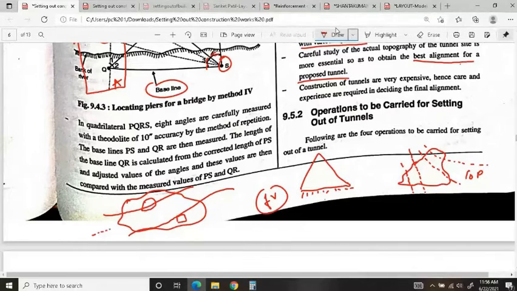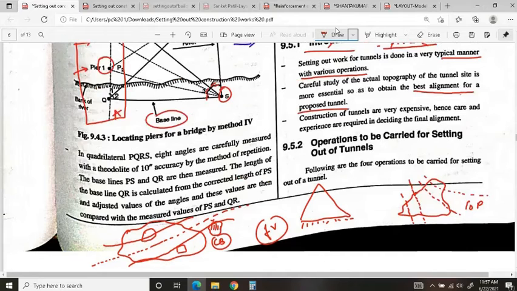Then I will choose the best center line or best alignment for the construction of the road. Say that somewhere here there is an important place, a central business area. So we have to take that road towards this point because most of the people will be using the road. So we have to take the road near to that point or any busy areas where there is maximum usage of the road.